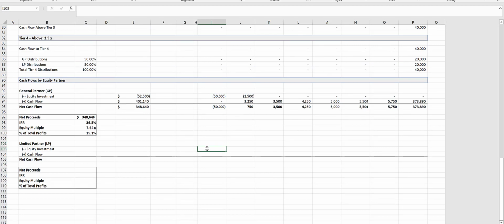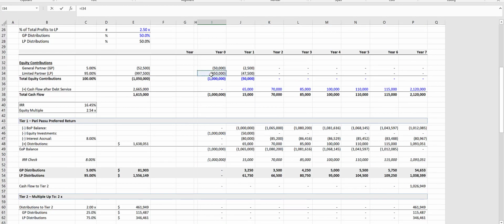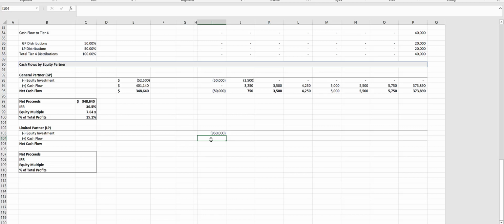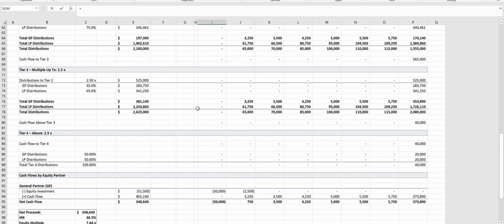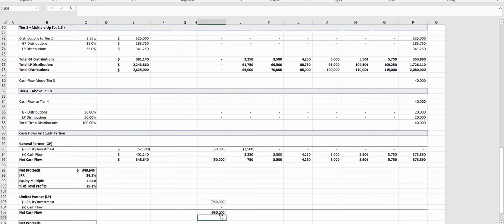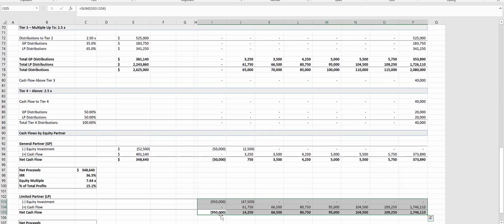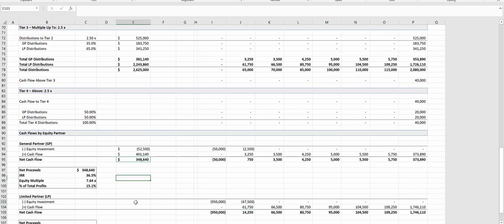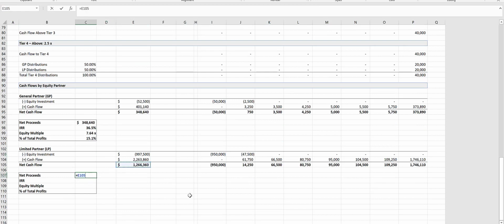Now, the equity investment for the LP, same thing. Let's pull that from up top. The cash flows, again, same thing. Tier 3, everything that's been distributed up until the end of tier 3, plus what's distributed in tier 4 to the LP. We'll sum that up, copy it across, and then we'll sum everything up. So we have net proceeds of 1.266 million. We have an IRR to the LP of 14.51%.